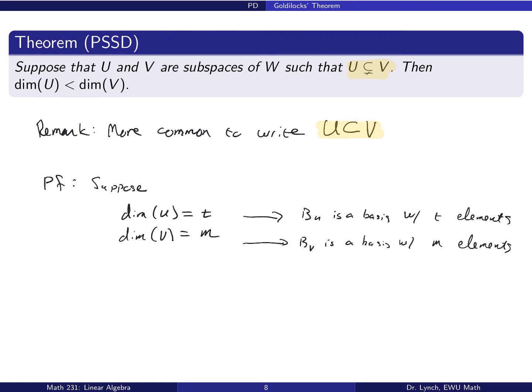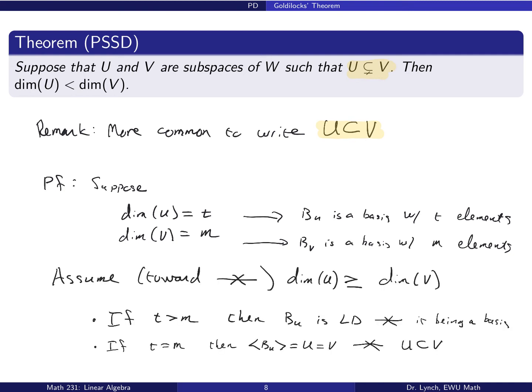We suppose that the dimension of U is T, and that the dimension of V is M. Of course, then those two have bases with T and M elements respectively. We'll assume toward a contradiction that the dimension of U is greater than or equal to the dimension of V. So if T, which is the dimension of U, is greater than M, then it turns out that the basis of U is linearly dependent by Goldilocks theorem, which contradicts its being a basis.